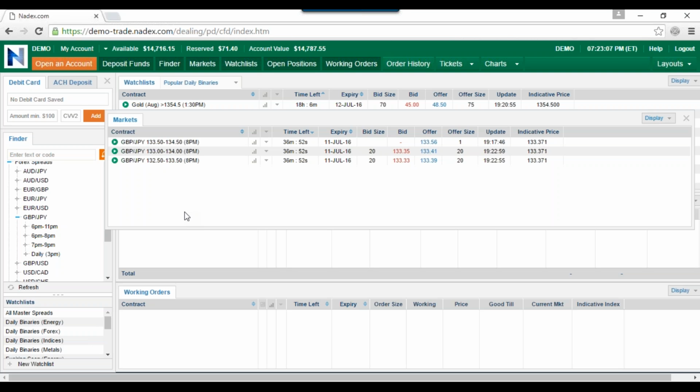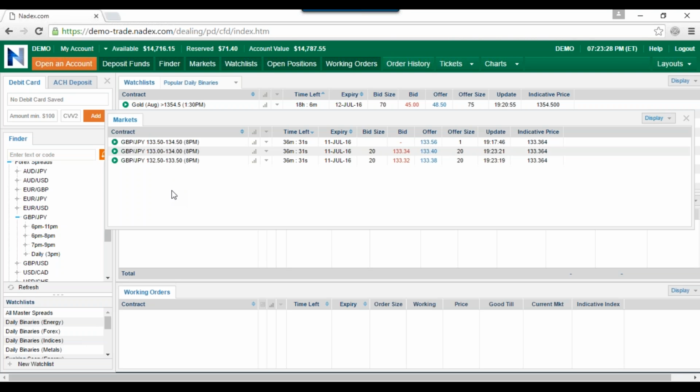It's based on where the market is right before 6 p.m. And the market was at 133.50. So these spreads right here, these 2-hour spreads, are 100 pips wide each.